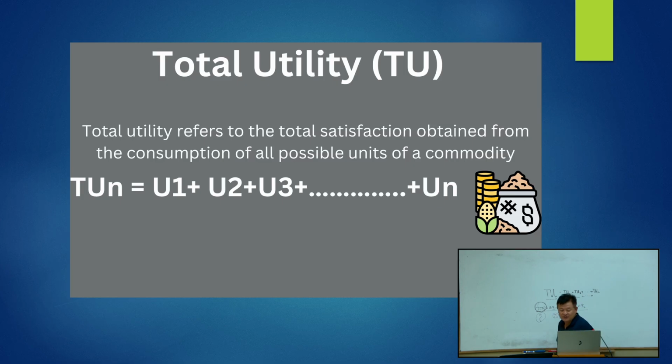So the total utility equation is total utility 1, total utility 2, total utility 3, and then three dots, but it's long. Too many dots in here, but it's not an incorrect expression.